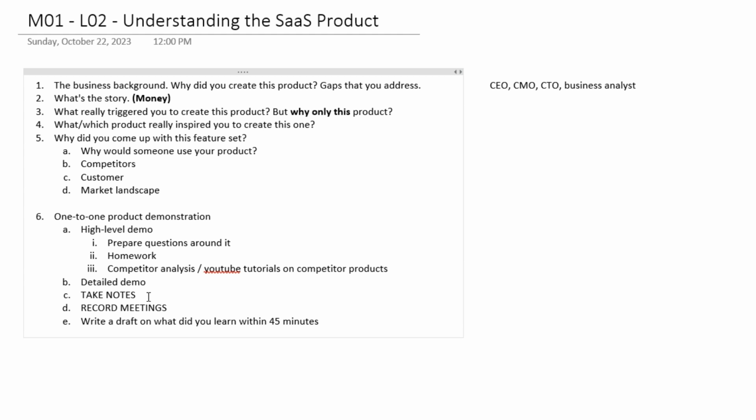You will start forgetting things. Before that happens, start writing it down, and when you start writing it down, you will come up with questions again. Note those questions down, and get in touch with a person who can answer your questions. Okay, so this is a way to understand the product.